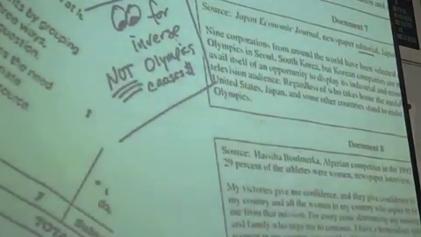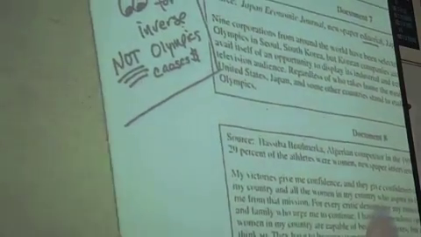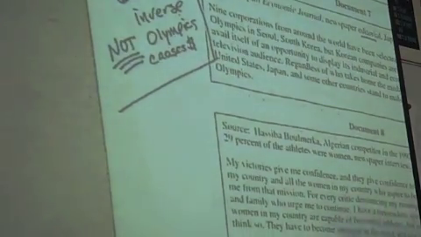The question does not say the Olympics causes money. Okay? I want you to watch that because that's really a misinterpretation of this doc. We really could go wrong if we went that way. It's not that the Olympics causes money. That's not what this doc says.